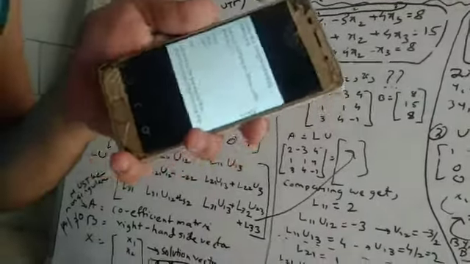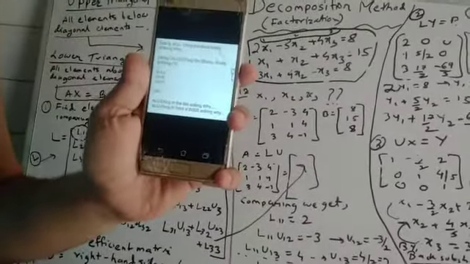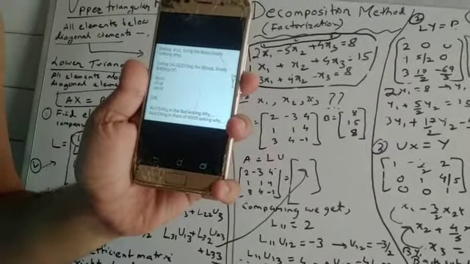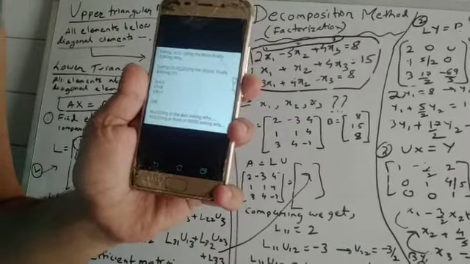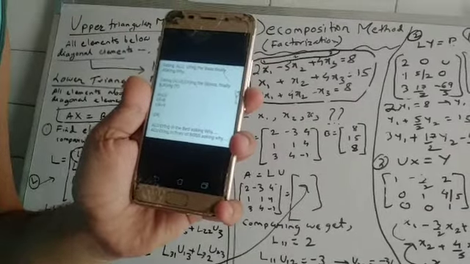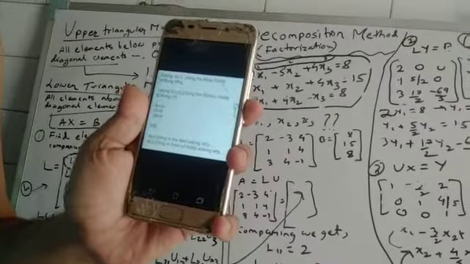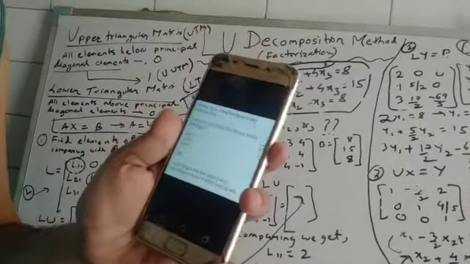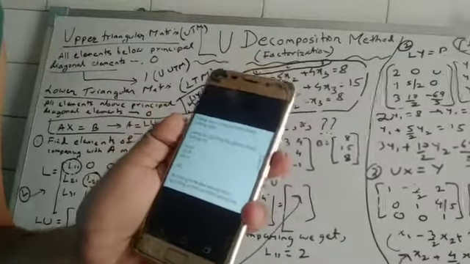What I have written here: eating ALU, lying the boss, finally asking why. Eating ALU means ALU; ALU in Hindi or in Bengali is a potato, right? So eating this ALU, lying the boss, finally asking why.